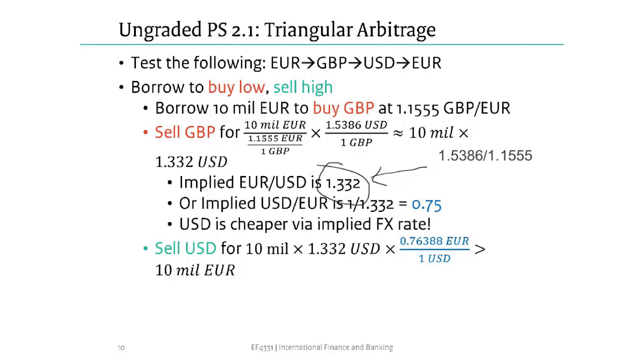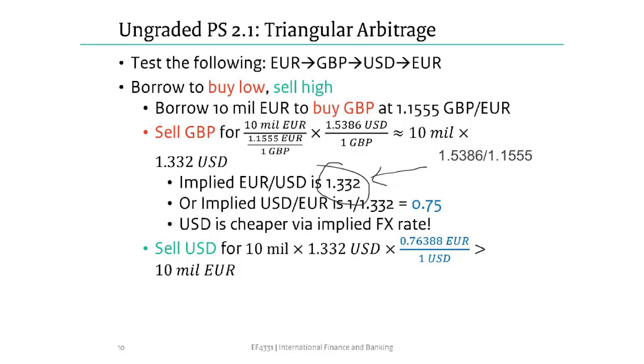Whenever we sell something, we multiply by the price to get the total revenue from that sale. Let me reiterate: whenever we're buying something, we divide by the price. Whenever we're selling something, we multiply by the price. That's why it's a multiplication here.